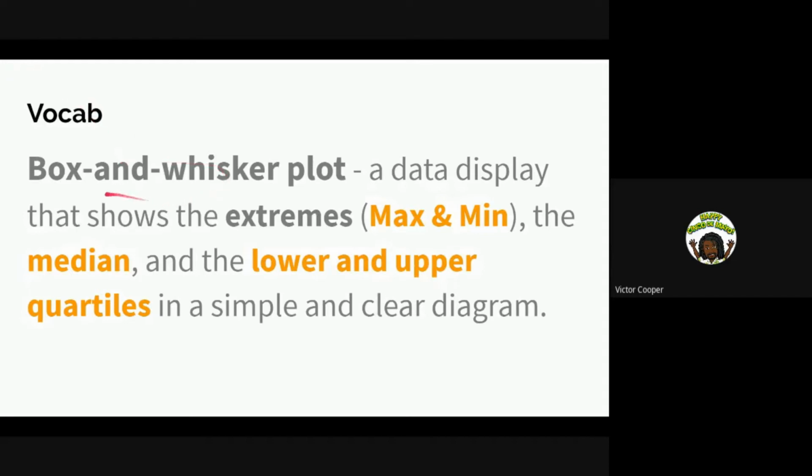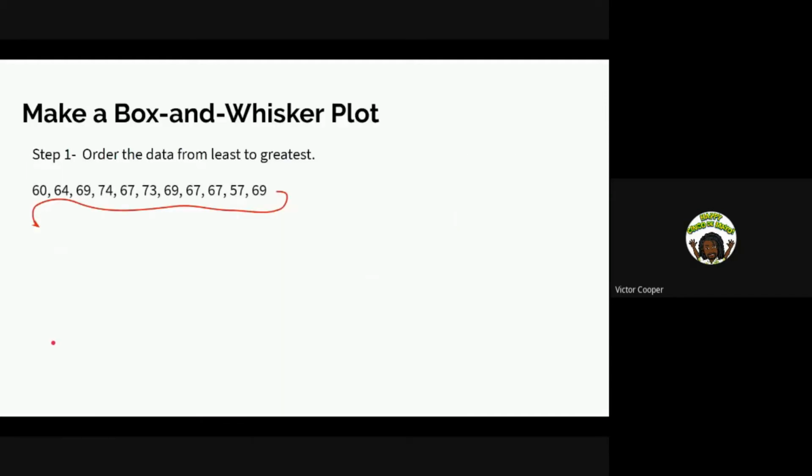Okay. This is the big formal definition of it. Basically, what we need to know is all these numbers are highlighted in orange: max, min, median, lower and upper quartiles. Okay. We have a list of numbers you can see. The first thing we're going to do is put them in order. All right, so we put those bad boys in order.